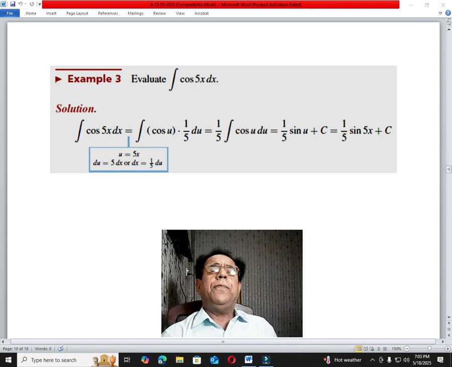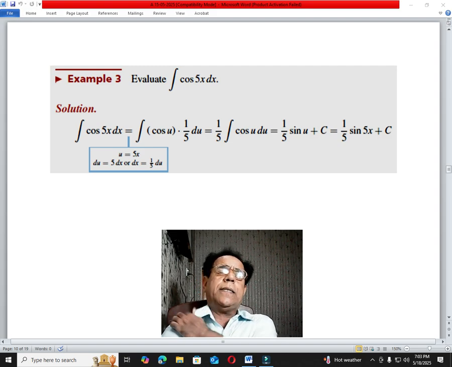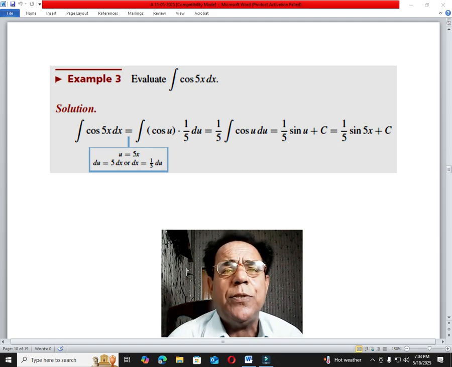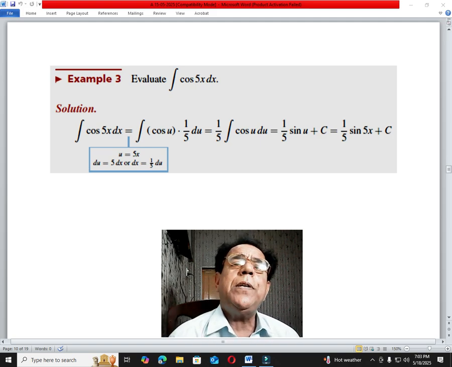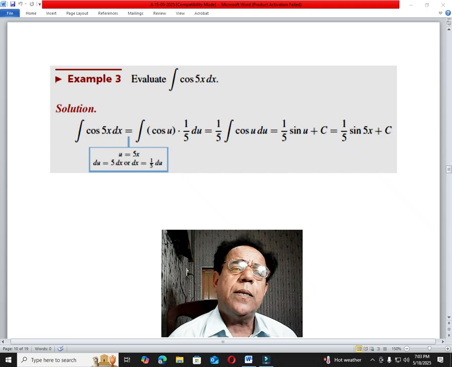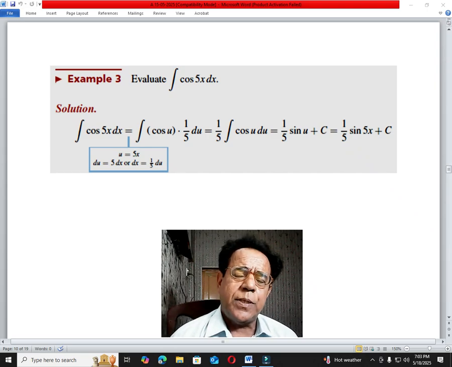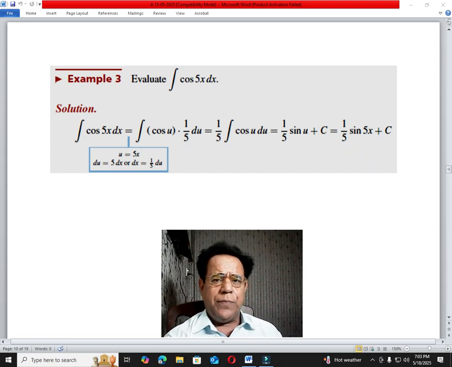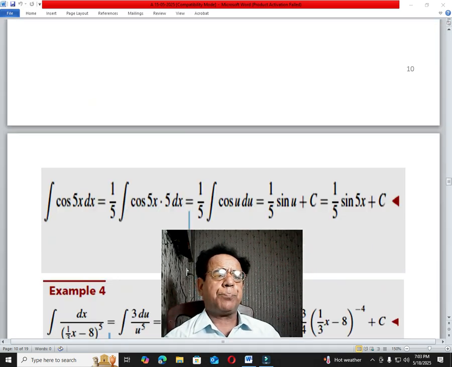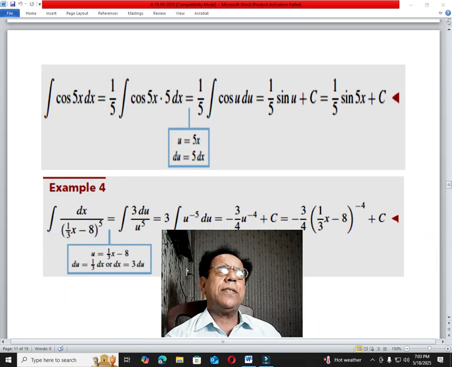So 1 by 5 sin u plus c, and we have solved this problem up to this step, but here we will again replace u with its original value, that is to say 5x. Okay, this is another version of the above problem.